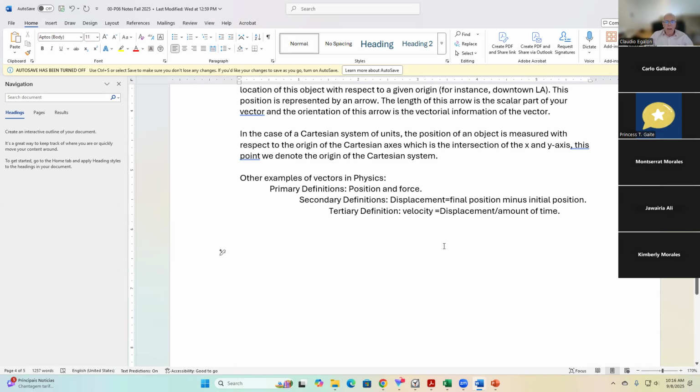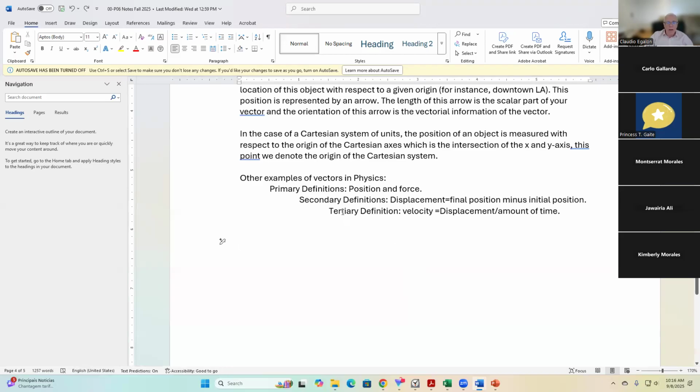But then we have some other vectors that we can define as well. And that's what I'll call a secondary definition. Another vector that we have in physics is the displacement vector, which is the final position minus the initial position. Let's put minus there.